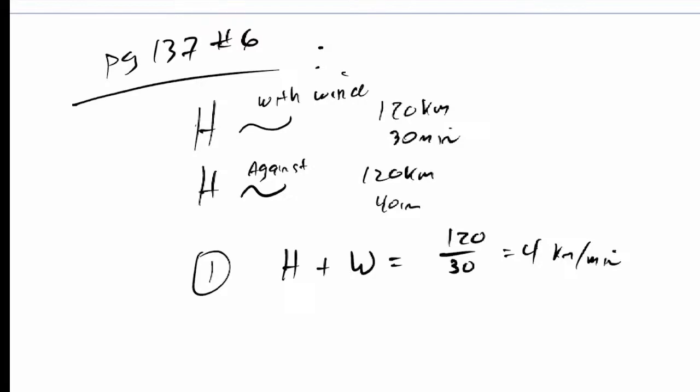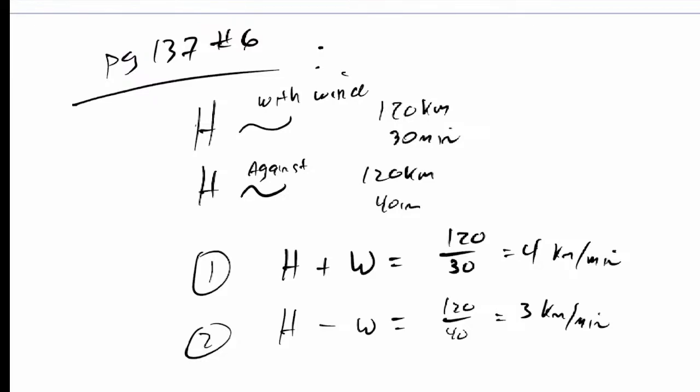I don't know if the back of the book gives the answers in hours, in which case you have to multiply by 60. For the second equation, you take speed of the helicopter minus the wind, which is 120 divided by 40, is 3 kilometers a minute.